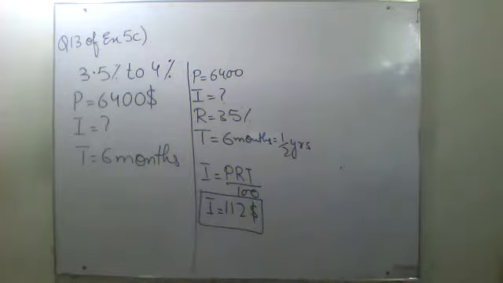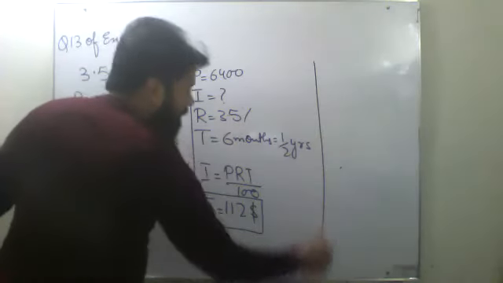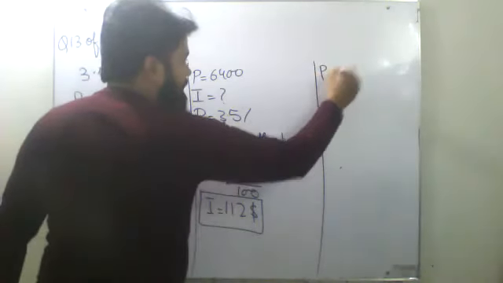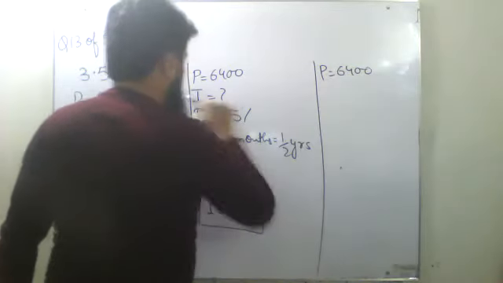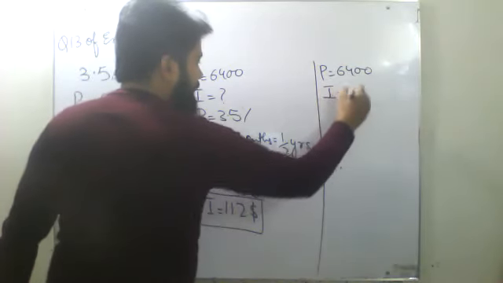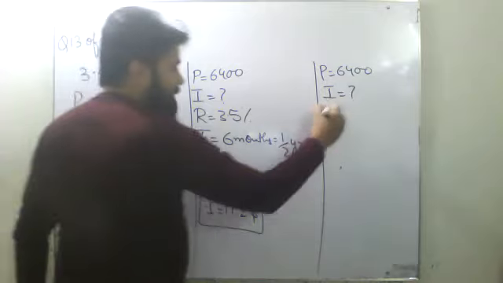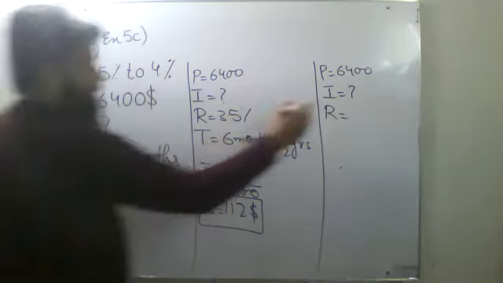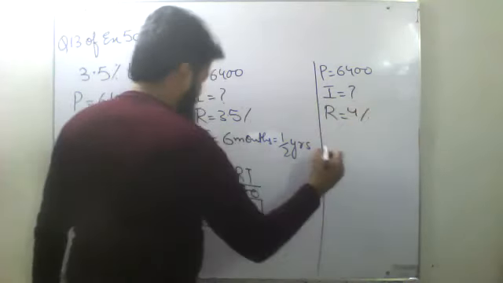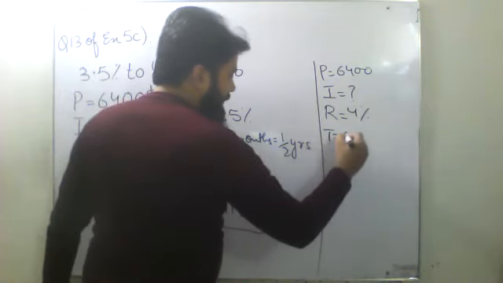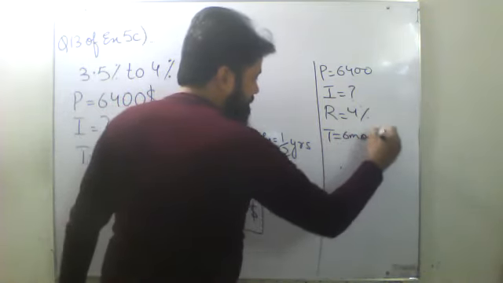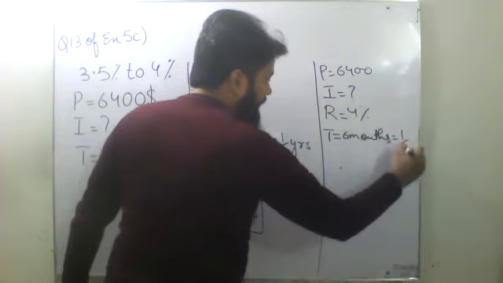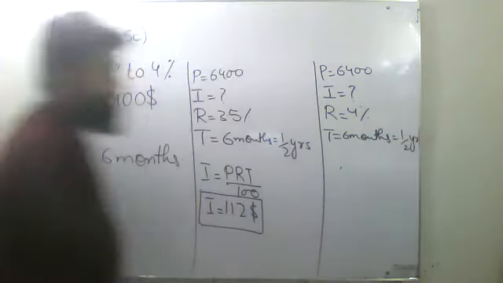Now I am going to solve again. Principal is 6,400. Interest I have to find. Rate is now 4%. And time is again 6 months, so that will be again half year.